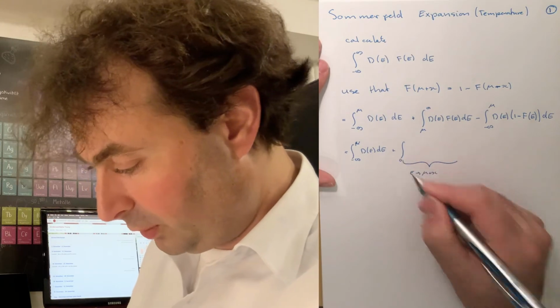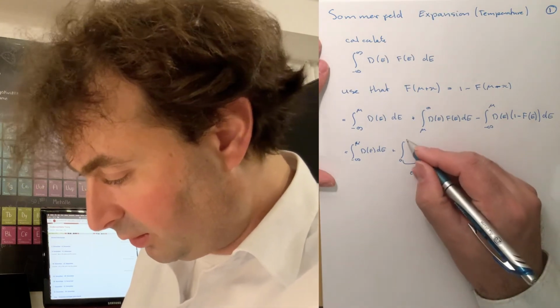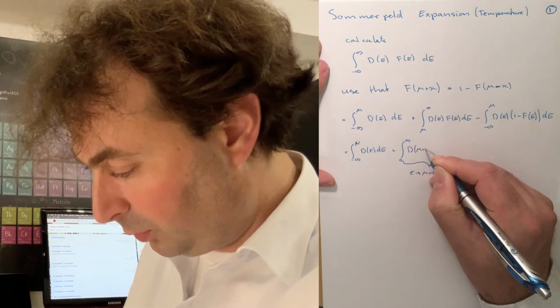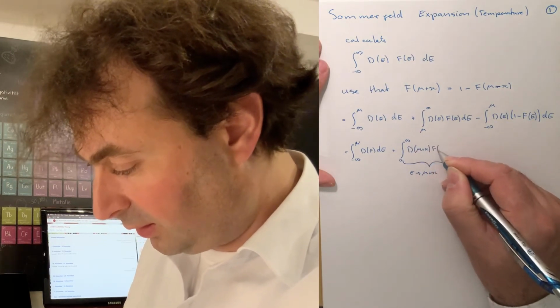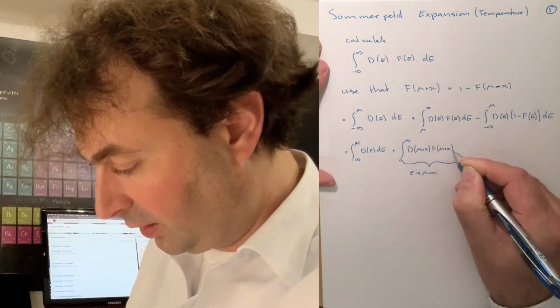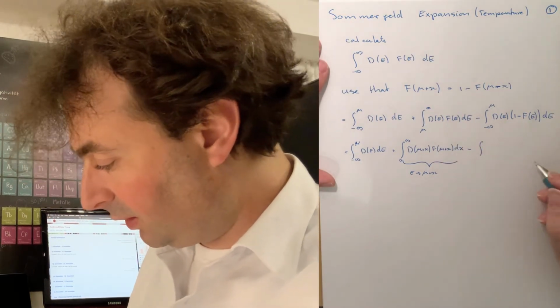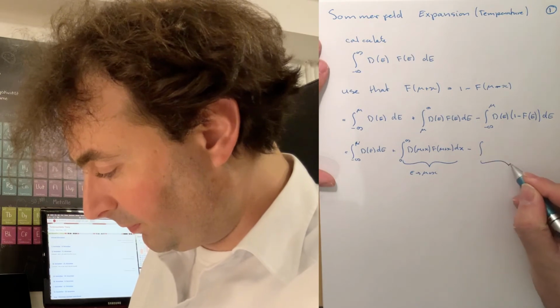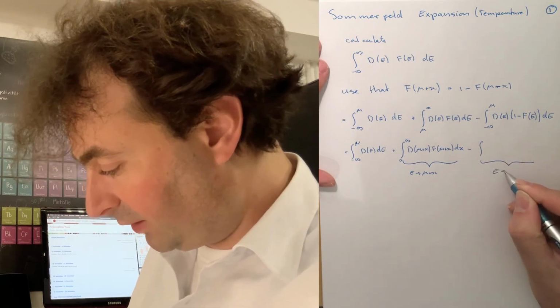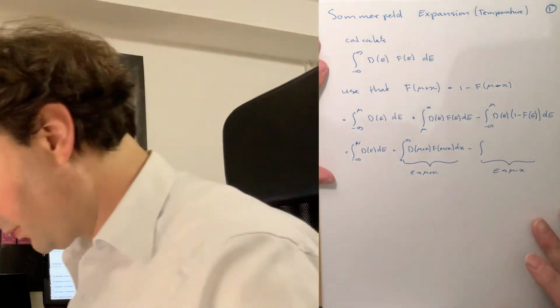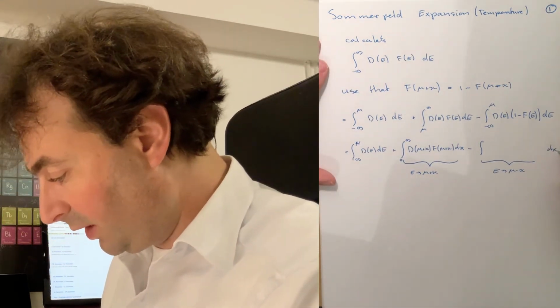So mu becomes 0 for x, infinity stays infinity, D(mu plus x) f(mu plus x) dx minus, and now I'm going to replace the energy by mu minus x, dx.